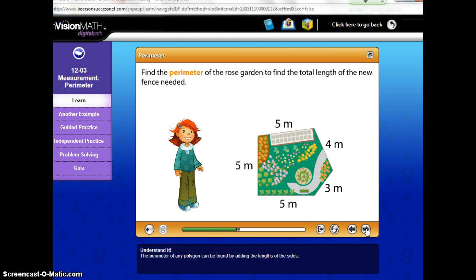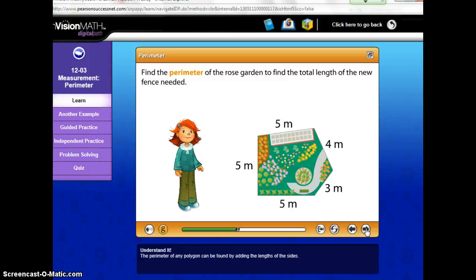So I want you all to try in your head to find the perimeter of this rose garden. Now, I talked with my other class about how when I see a shape like this that has a lot of different measurements, one strategy I use is I try to find numbers that are similar to each other, like these 3 5s, and I work with those together. 3 5s give me 15.